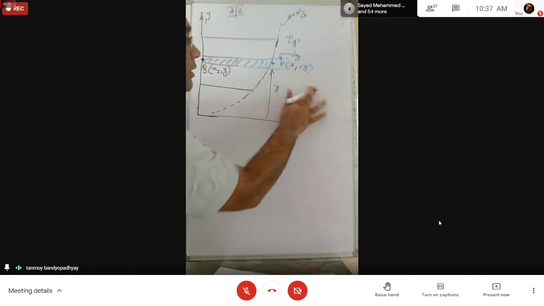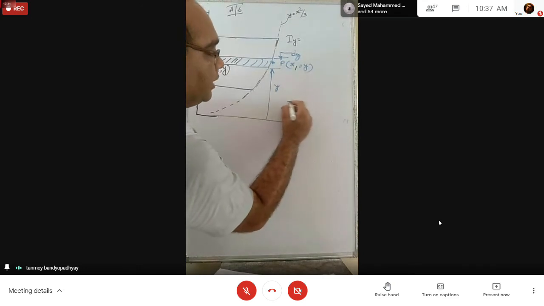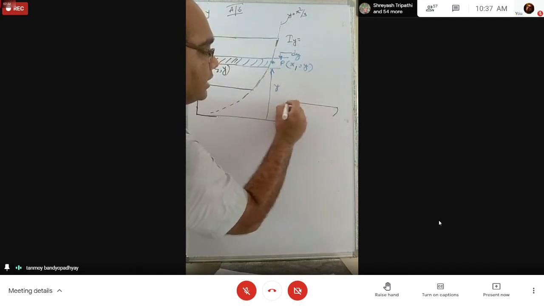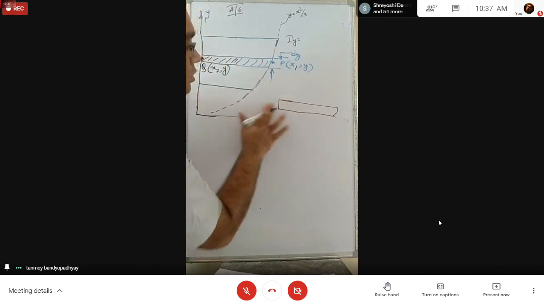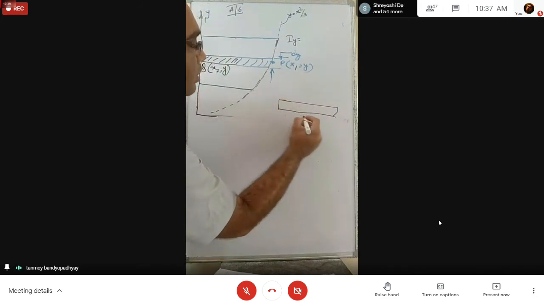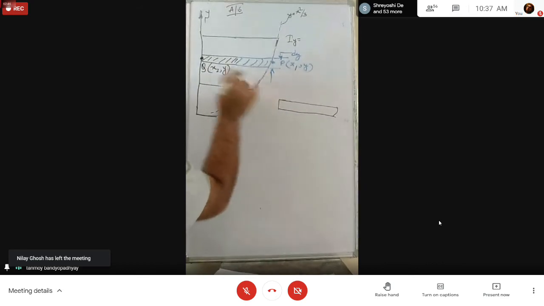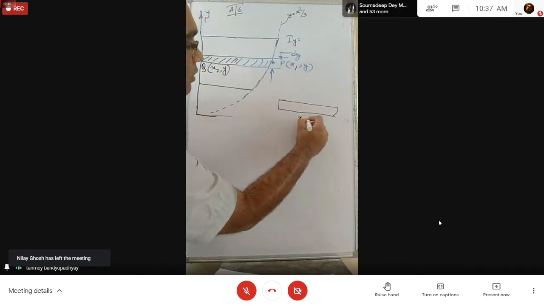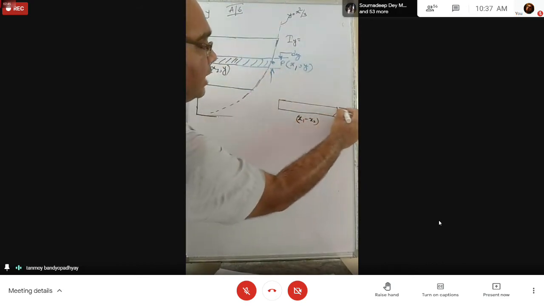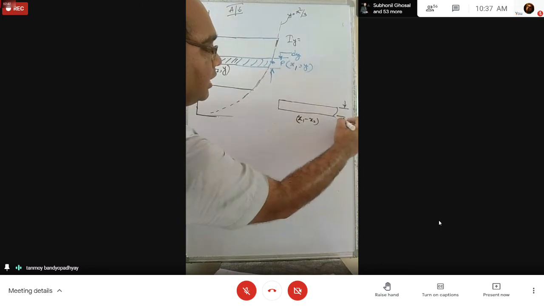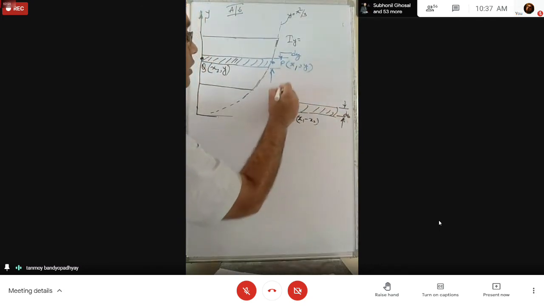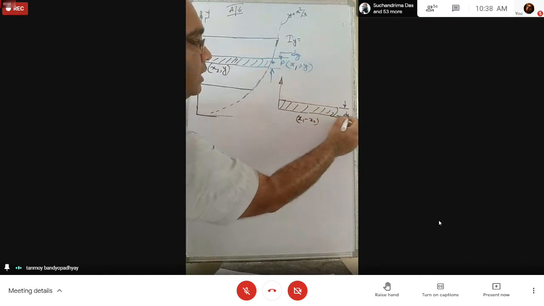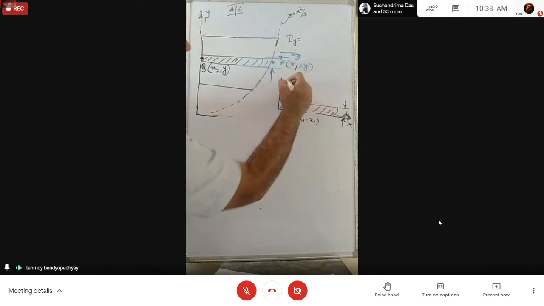So what do we have to do? We have to consider it to be a rectangle, as we did in the last class. Suppose this is a rectangle. This length will be x1 minus x2, and this length will be dy. Suppose we need to find the moment of inertia of this rectangle about its base.